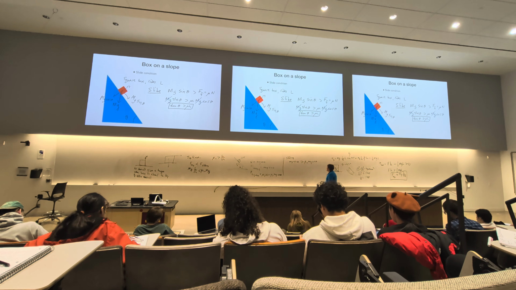So hopefully I can do this now. The mg is canceled. When I divide through by cosine, I'll get tangent. So basically the angle needs to be big enough, right? And how big depends on the friction. Does that make any sense? Okay, that's what I do in this slide.